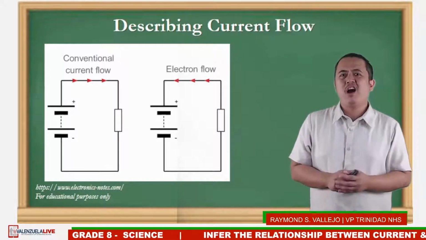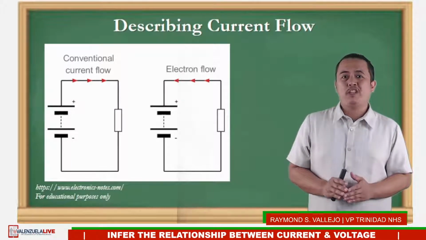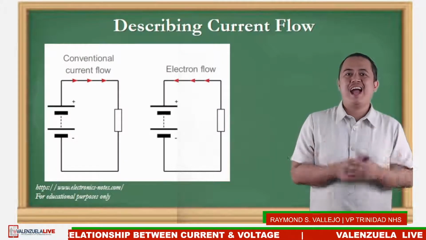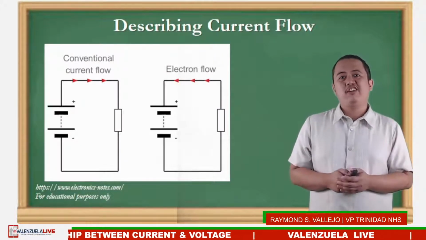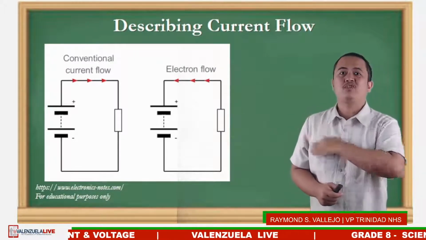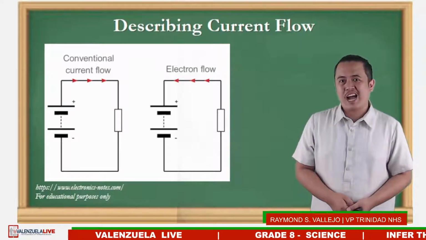The direction of conventional current is defined as the direction in which positive charges flow. On the other hand, negatively charged carriers such as electrons flow in the opposite direction of the conventional current flow in an electrical circuit.